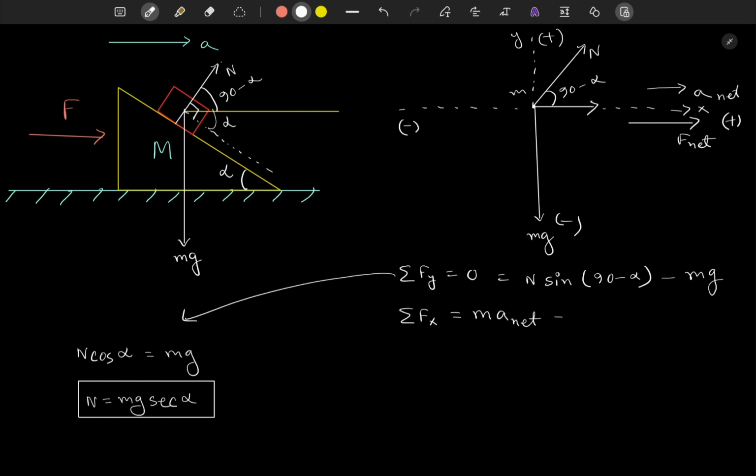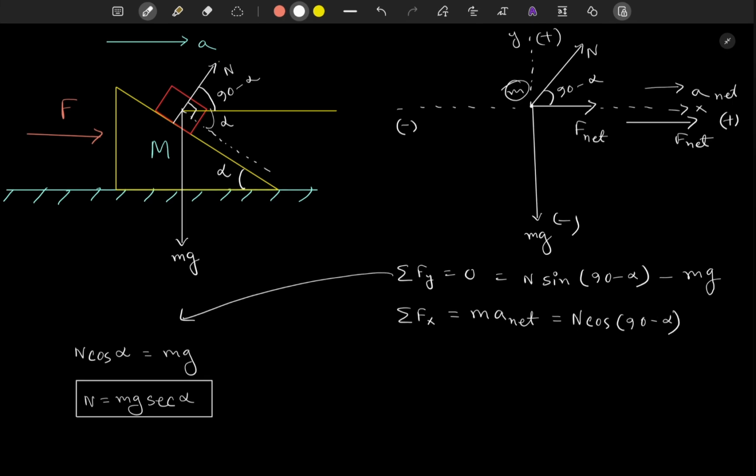Now the net force on the small m, the red block: the horizontal component of the normal force will be in this direction, so N cos(90 minus alpha), and there are no components of any other force in this direction. This is the only force that has a component in the x direction.